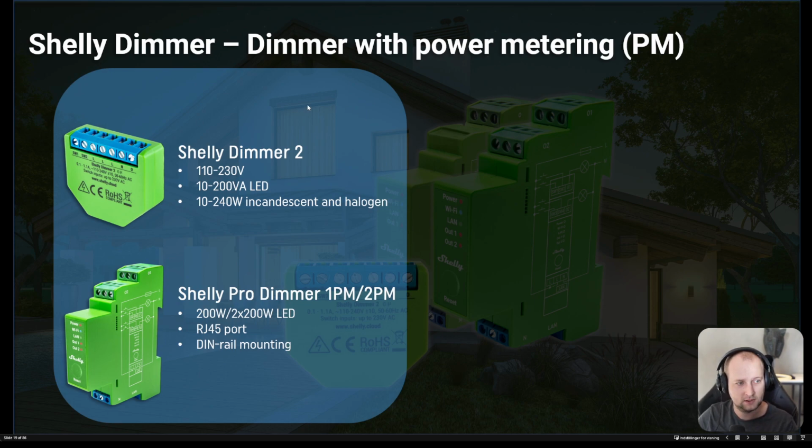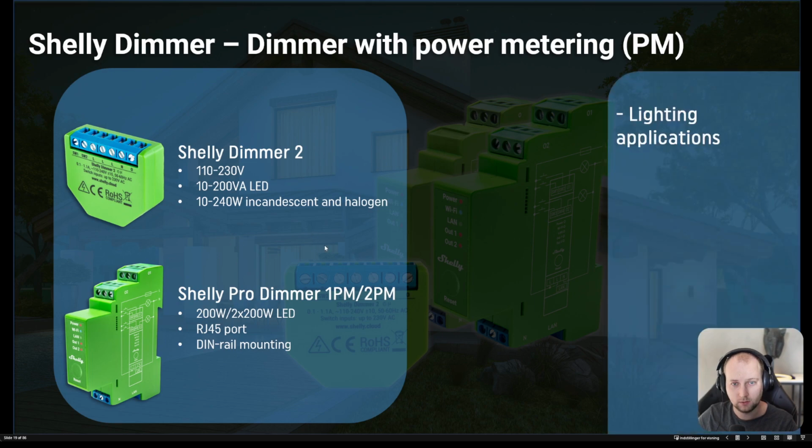But these dimmers here are so-called phase cut dimmers. So they are used for all kinds of normal dimmable bulbs, like halogen bulbs, LED bulbs which are dimmable, and so on, using phase cut technology. This is the most used technology for dimming in normal households and so on.